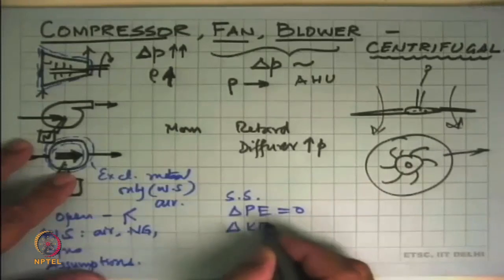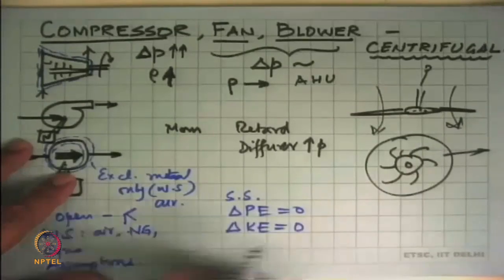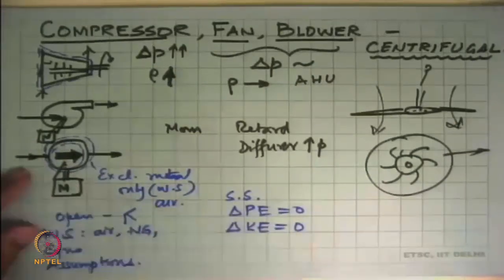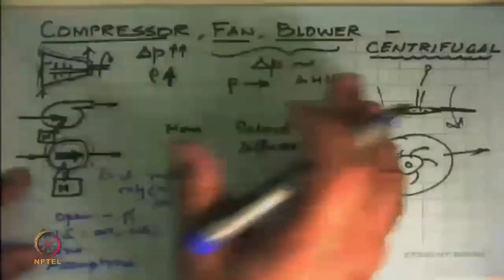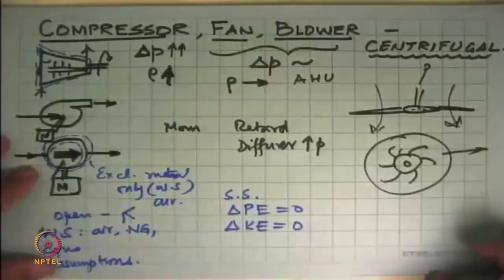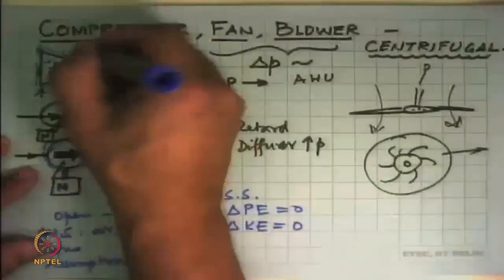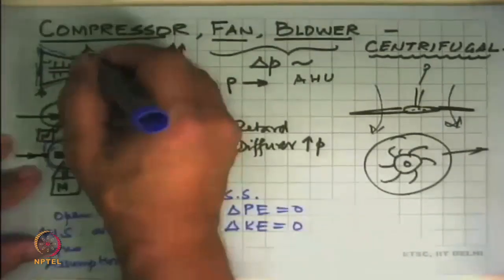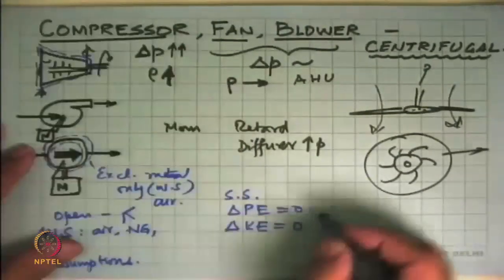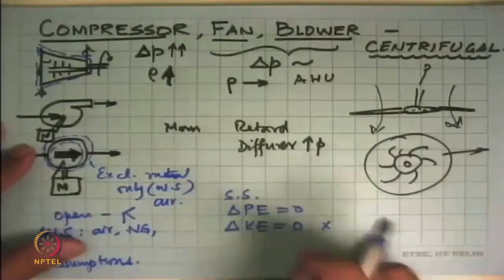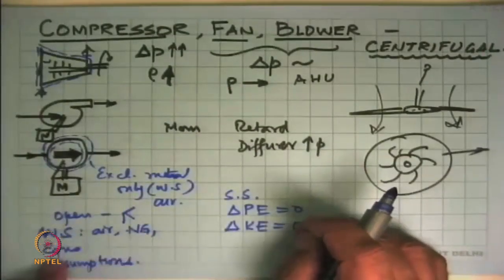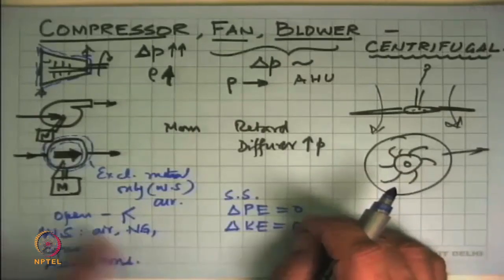Unless otherwise given, the change in kinetic energy can be assumed to be 0 if there is no mention of velocity in the problem. However, if the velocity, typically either at the inlet or at the outlet or in both places, is specified, then this is not to be assumed. Then the velocity term will remain in the first law equation.